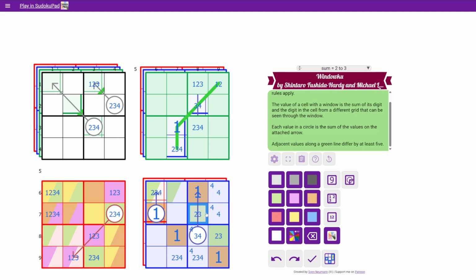So this has to be 3. Wait, why does this have to add up to more than 6? Oh, because this is 2. Because it's a window, right. So this does have to be 3.